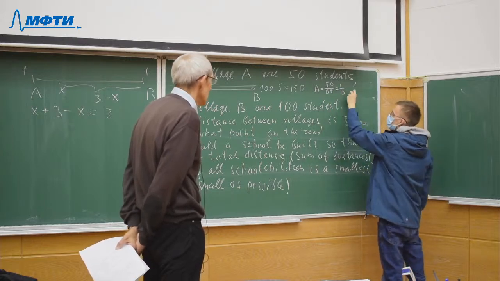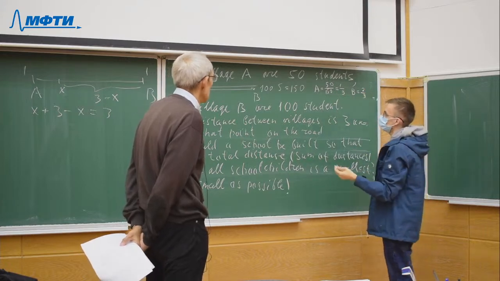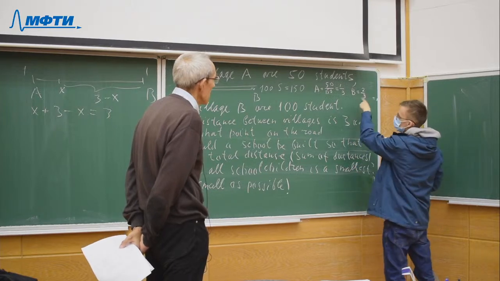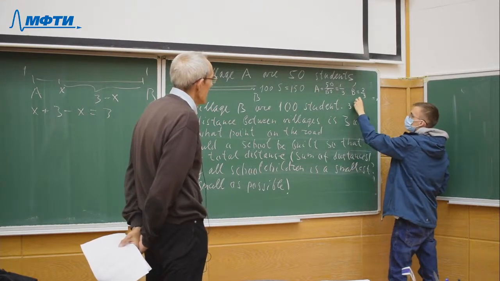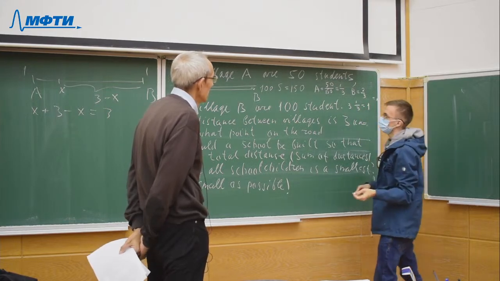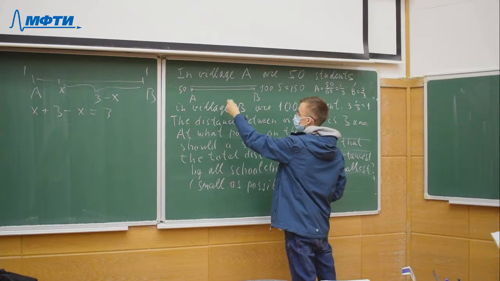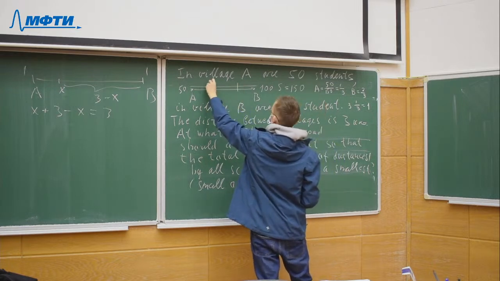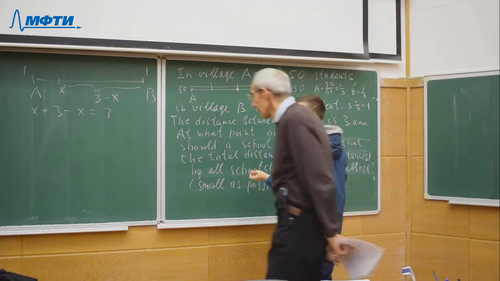So for B it's 2/3. And if our distance is 3, oh, we don't even need that because we can just multiply 3 by 1/3 and we get 1, and that means we have to go to school at 1 kilometer away from B. Right? No.